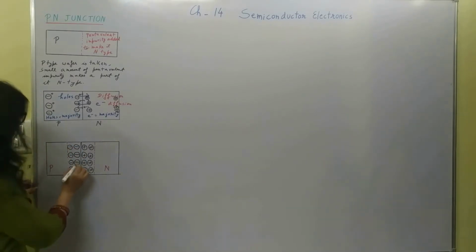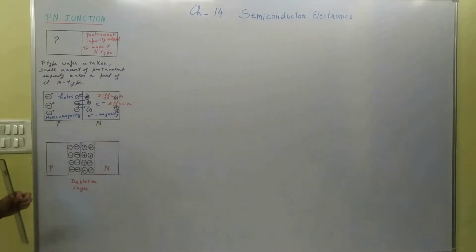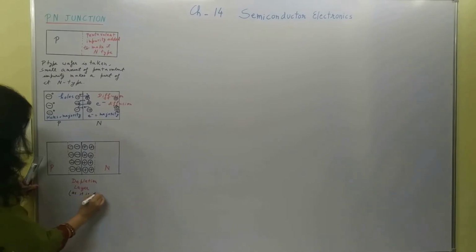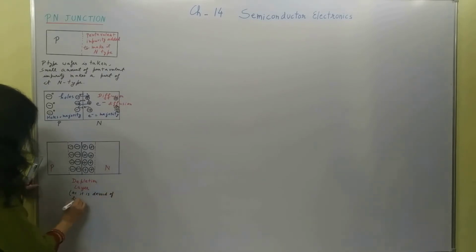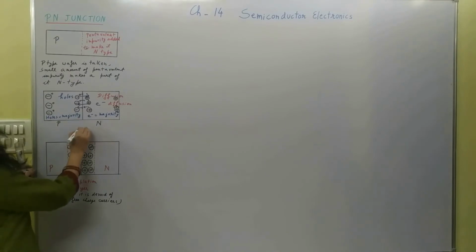This layer is called the depletion layer because it is devoid of free charge carriers. Right? So this is happening after some time.